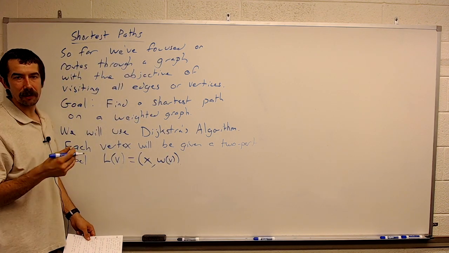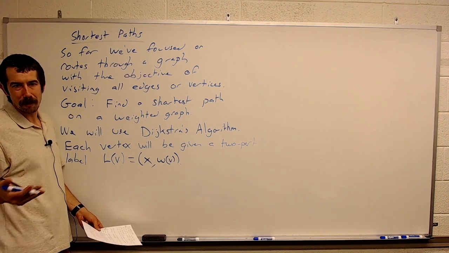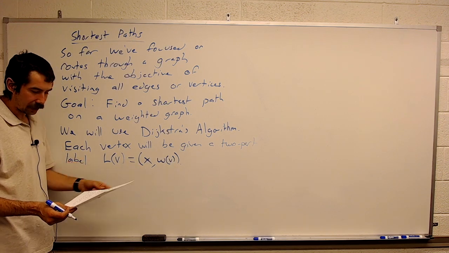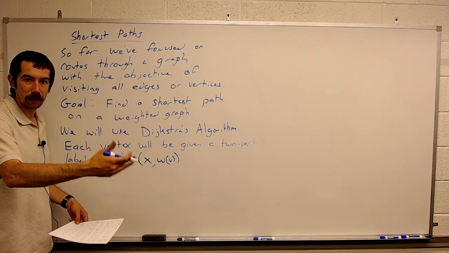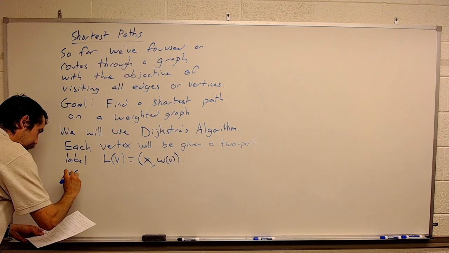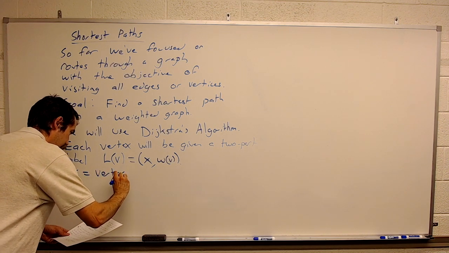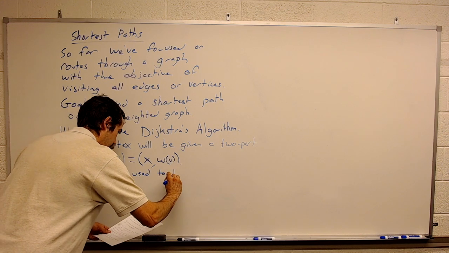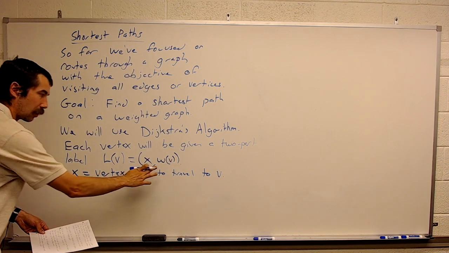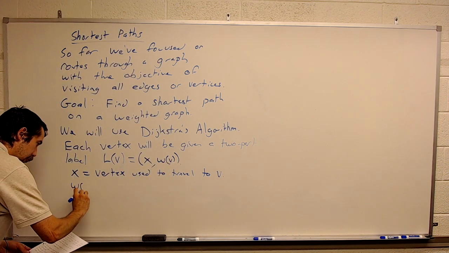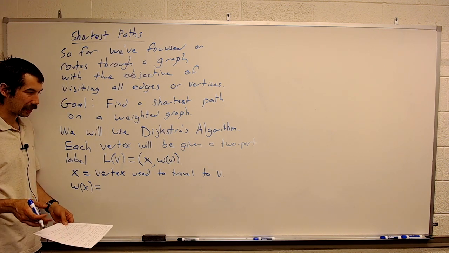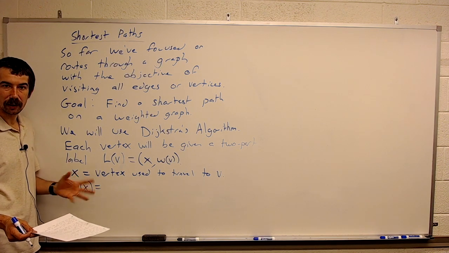All right, so far we've only seen weights associated with edges, but there's no reason why we can't associate weights with V. X will be the vertex used to travel to V. It's going to be the vertex we just visited. And the weight of our vertex will be the total weight needed to get to that vertex so far.